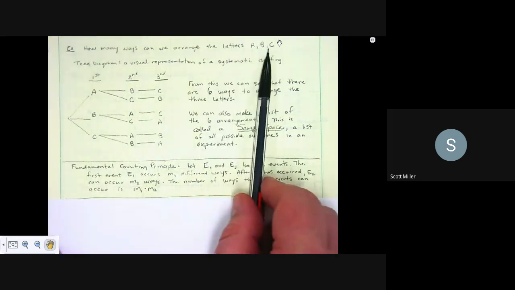I had 3 letters to choose from, so the first event is 3 choices. Once I make that choice, I only have 2 letters left, so the second event is the second choice. The third event is the third choice, where there's only one possibility after that.